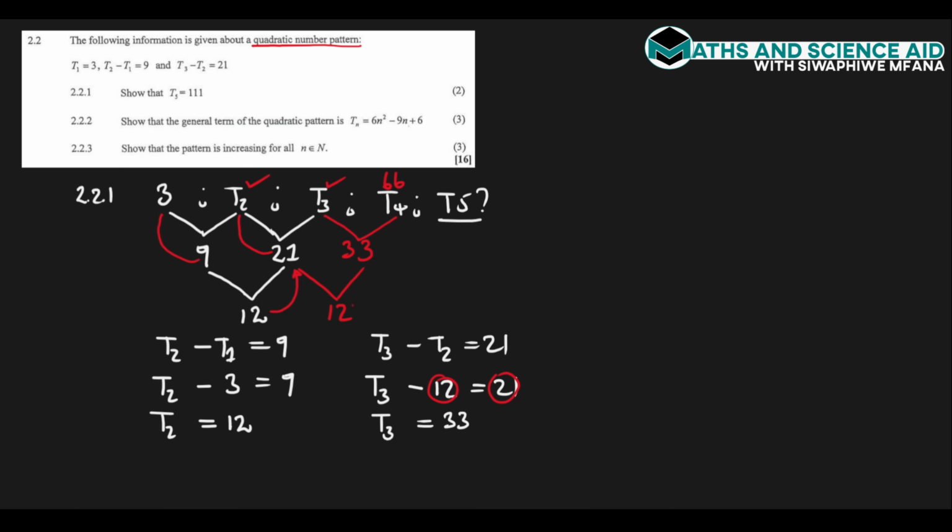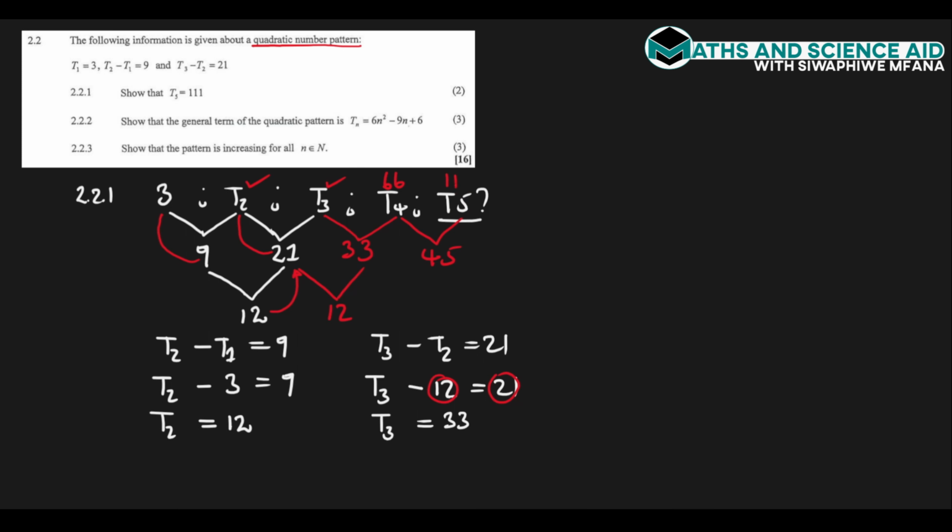So we can add 33 plus 12 in order to find the next term in the first difference. So 33 plus 12 will be equal to 45. And then we need to add 66 plus 45. And that is going to give us the value of T5.